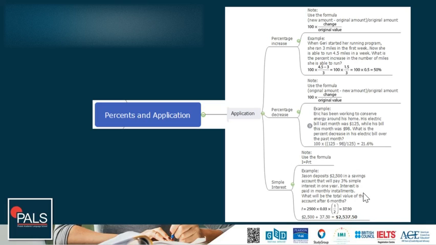So the answer is 37.50. But the question is, what will be the total value of the account after 6 months? So all we need to do next is add the principal amount, 2,500, plus the interest. So the answer is 2,537.50 after 6 months.